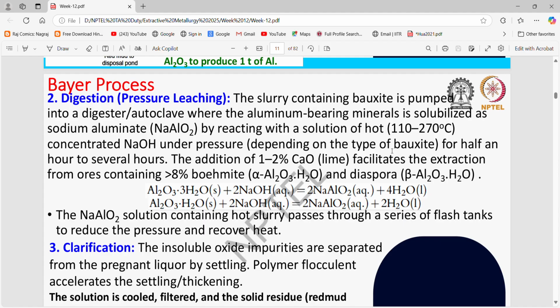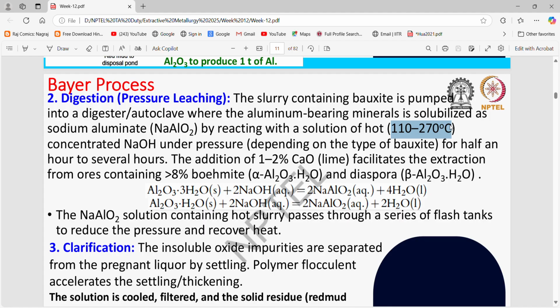Depending on the type of bauxite ore, we have to decide what temperature and what pressure we are going to require for this pressure leaching process. Whenever we increase the temperature, we have to increase the pressure also at the same time, so that at 250 or 260 degrees Celsius the water, or we can say the NaOH solution, remains in the liquid form.